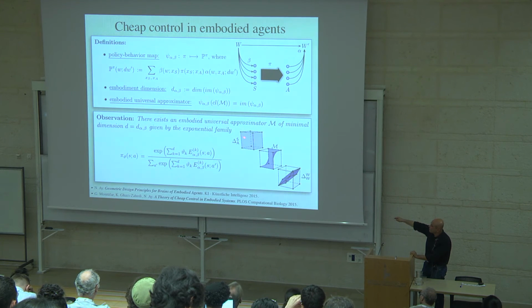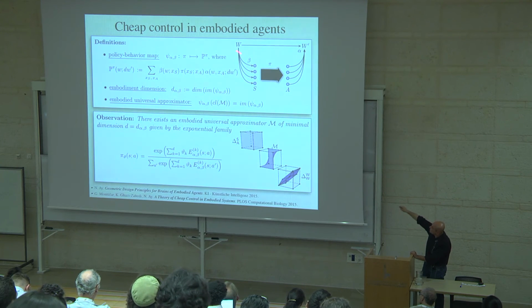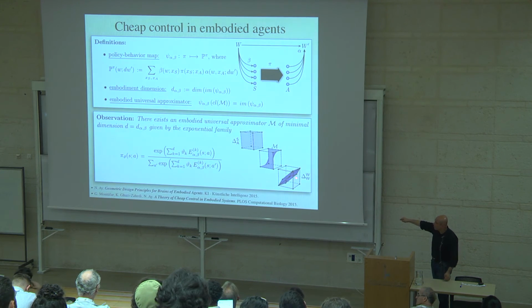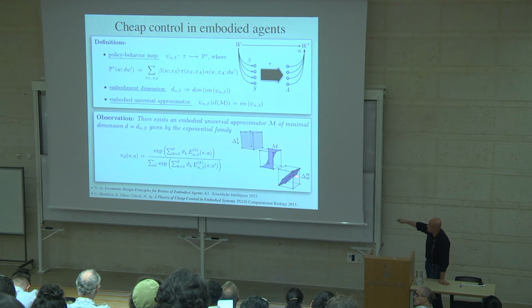But now we map this through this embodiment policy behavior map to a lower dimensional space of transitions from W to W prime. So this object has the dimension d alpha beta, which is the embodiment dimension. And as I said, this will be low dimensional in strongly embodied systems.